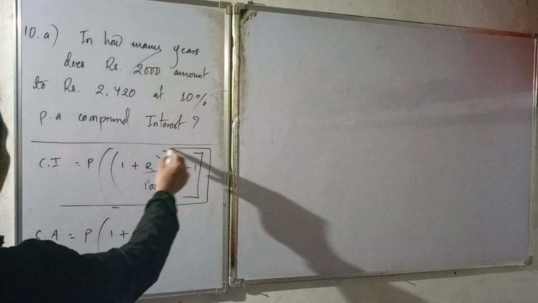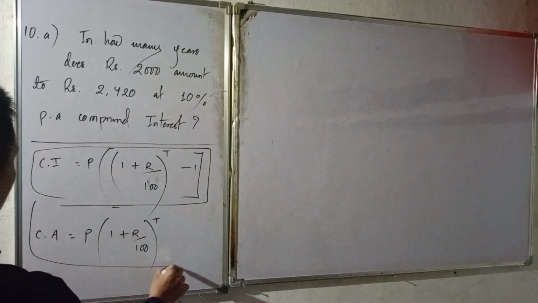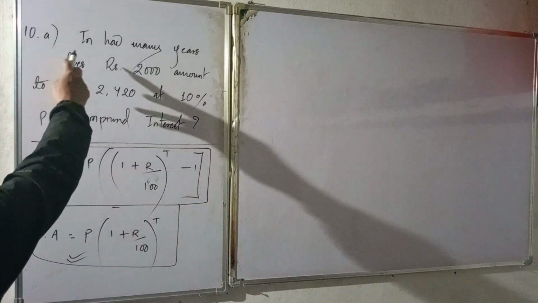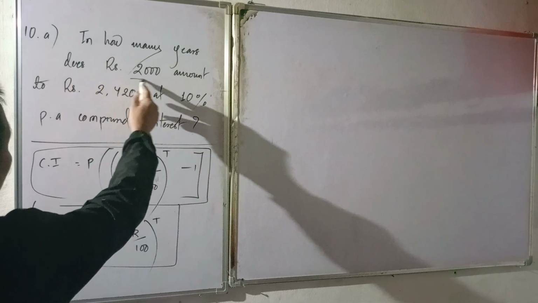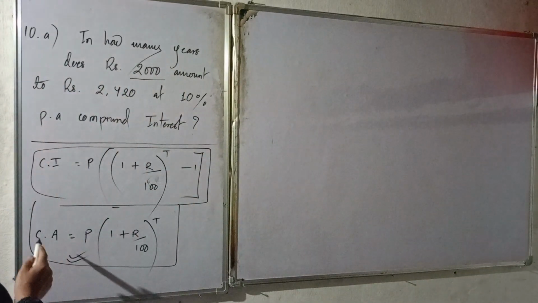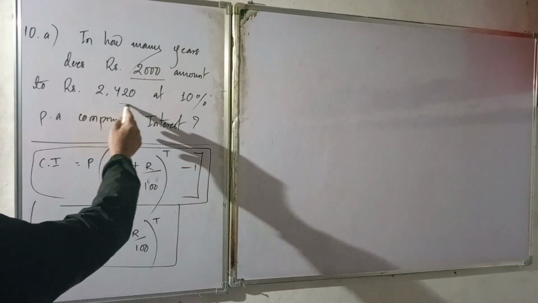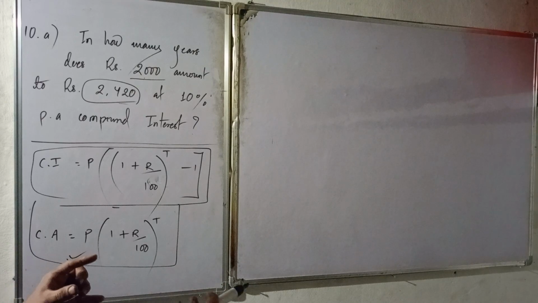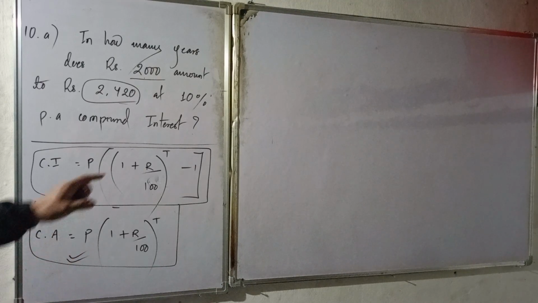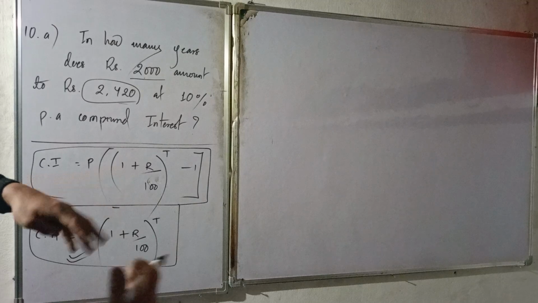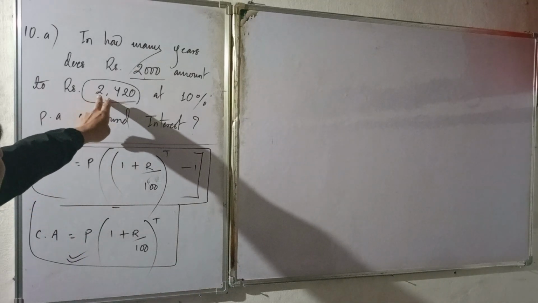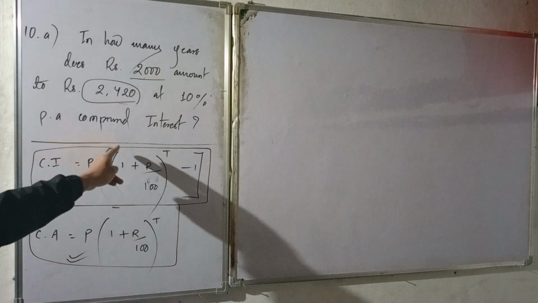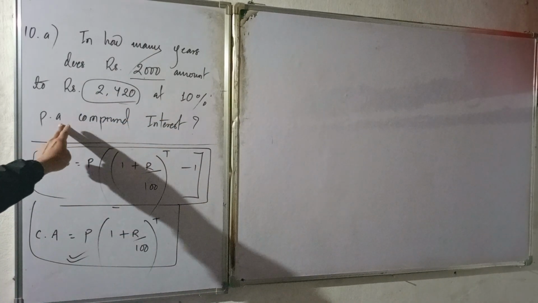In these two formulas, the question asks in how many years does rupees 2000 amount to rupees 2420, at 10% per annum compound interest, compounded annually.